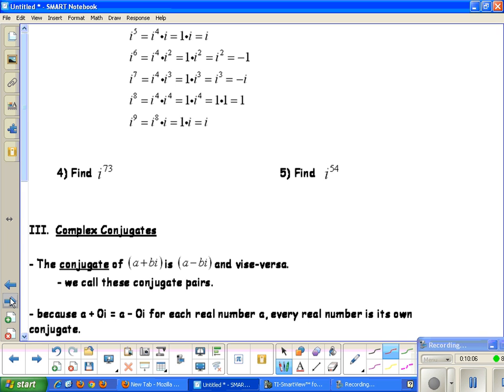So if I divide 73 by 4, my remainder is going to tell me what I'm going to be working with. So I know that 4 goes into 7 once, and then 4 goes into 33 8 times.